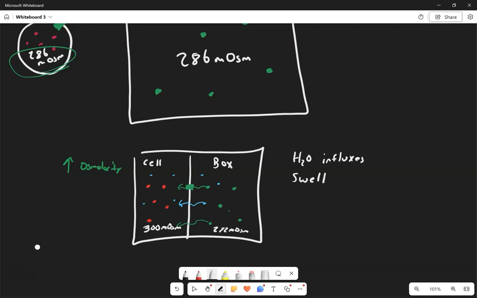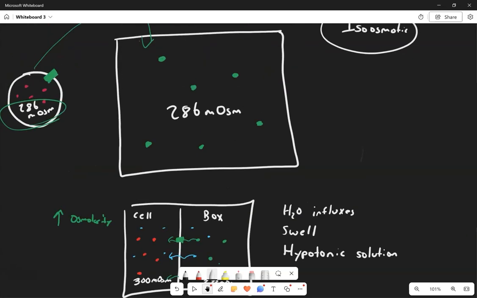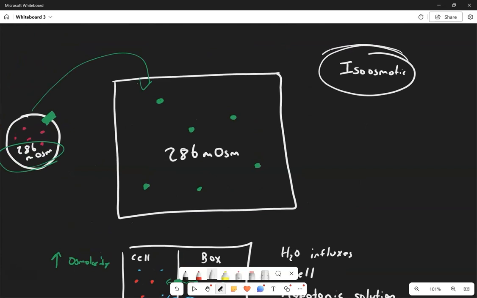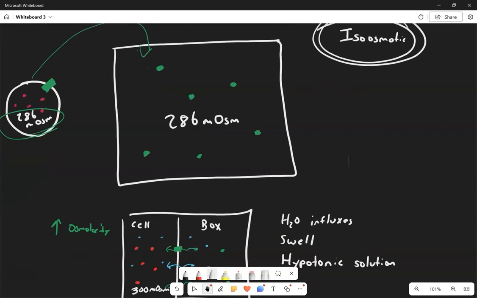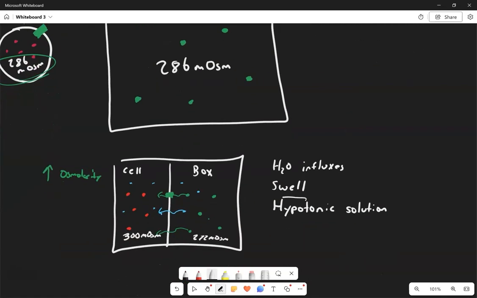And so if that's the case, then the box represented a hypotonic solution. Okay? It represented a hypotonic solution. Right? So it was isoosmotic, but hypotonic, right?